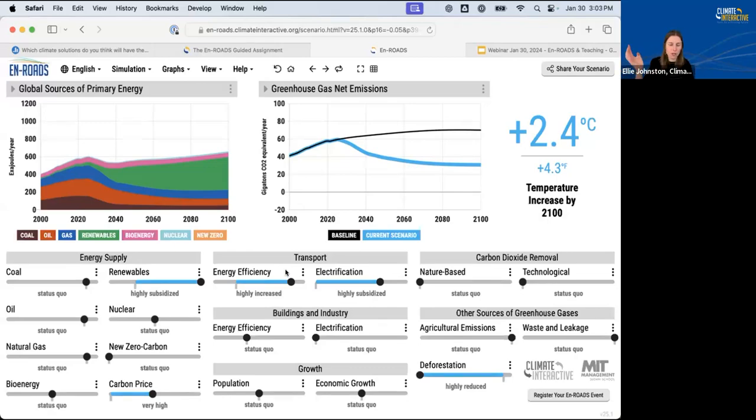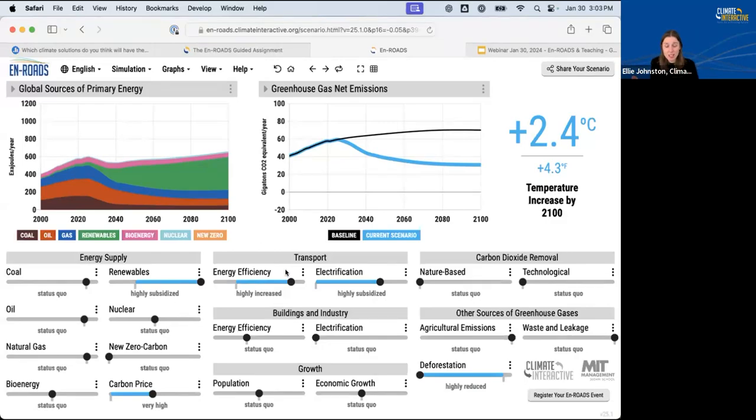There's a whole lot of, sometimes it's just noise, a whole lot of discussion out there around which climate solutions are needed. Sometimes everyone has their favorite and they'll wave it and can sometimes make that seem like the end all be all. Our conclusion, and one of the big takeaways users have from using En-ROADS, is that there's not one single solution that does it.